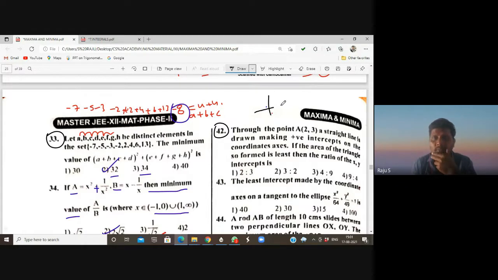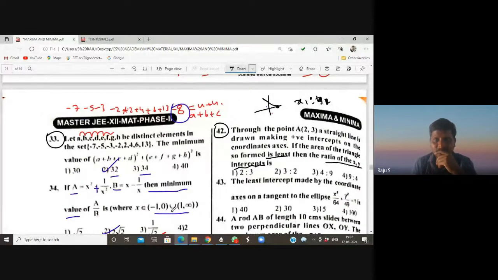If the area of the triangle so formed is the least, same like first question also, the area is minimum, then the ratio of x, y intercepts. The answer is x1 is to, sorry, y1. x1 is to y1.